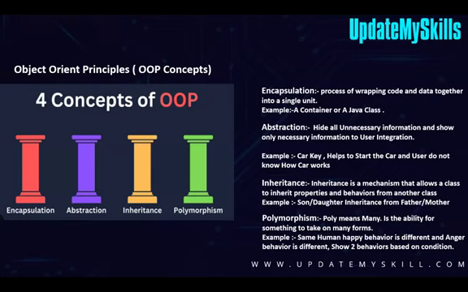Encapsulation is the process of wrapping code and data together into a single unit. In a Java class, we are wrapping code and data together into a single unit. The meaning of encapsulation is that we are tying them into one logical unit.